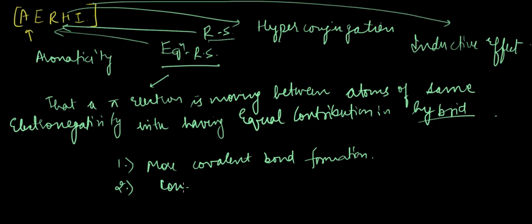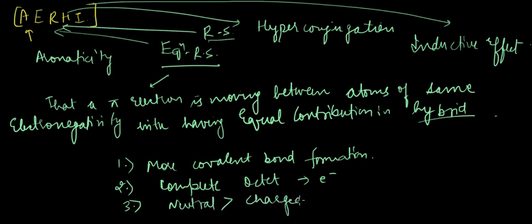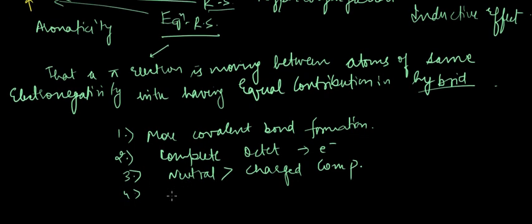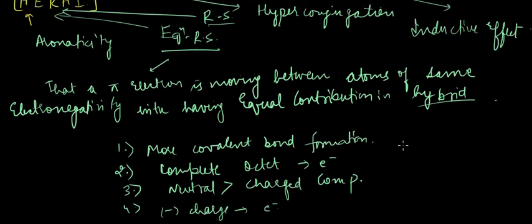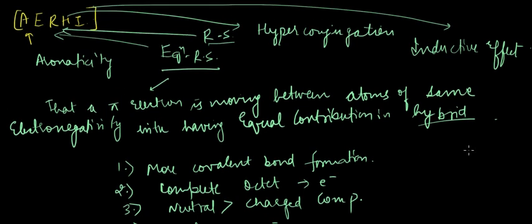Complete octet on electronegative element. Third is less or neutral preferred over charged compound. Negative charge on most electronegative element atom. Okay, so those four rules still apply, but you can actually extend that from the E part to the R part.